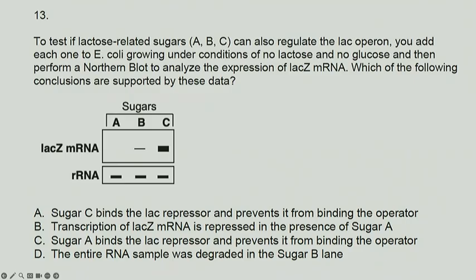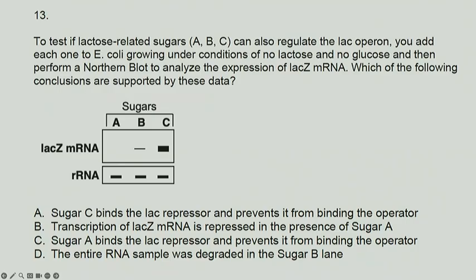All right. So, if we're going to look at whether other sugars can regulate the lac operon, first of all, let's clarify what conditions we're working under. We're working under conditions of no lactose and no glucose. So what's the state of the lac operon by default with no lactose and no glucose?